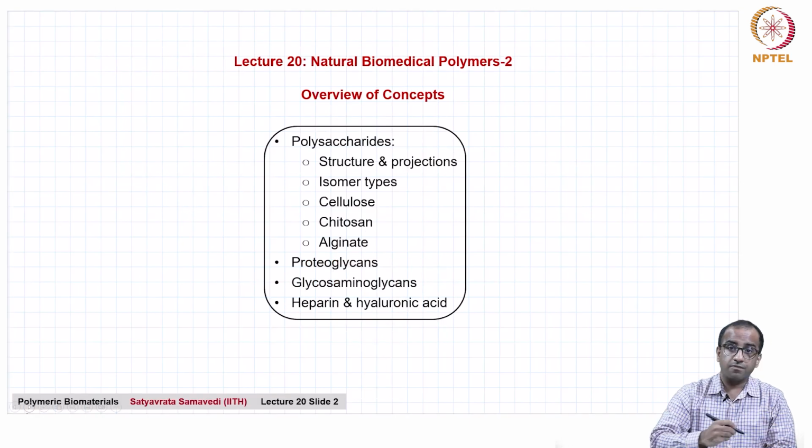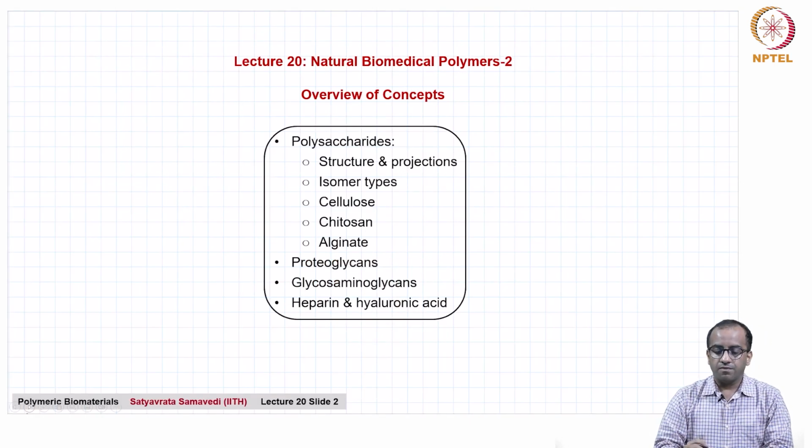As part of today's lecture, we will first be looking at, as always, the structure of some of these polysaccharides, and we will also look at projections of these structures which are unique to these polysaccharides. We will recall some of our earlier discussions on isomer types, because as you will see, they will become important when we discuss polysaccharides.